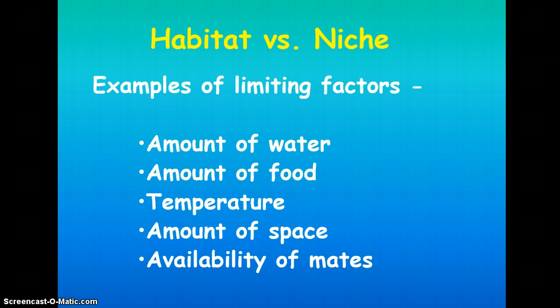Examples of limiting factors would be the amount of water available. If someone needs lots of water and there's not water, they couldn't live there, so it's a limiting factor. It's going to limit them living in an area. The amount of food, temperature, the amount of space, and the availability to be able to mate. Those are things that can limit organisms living in a particular area.